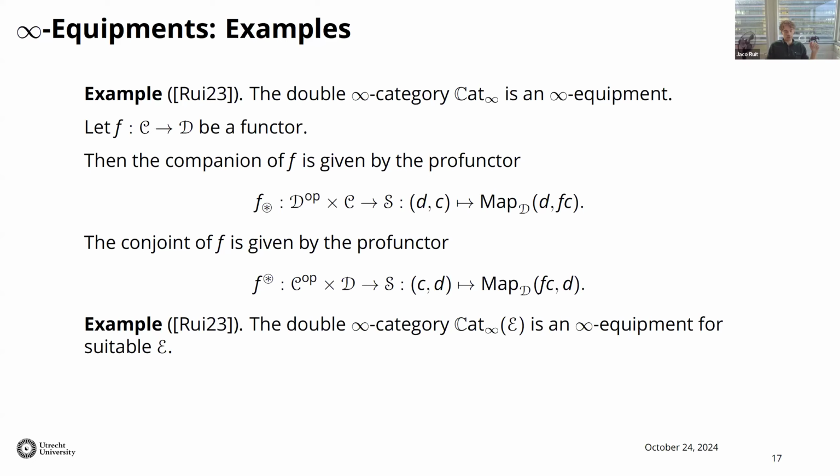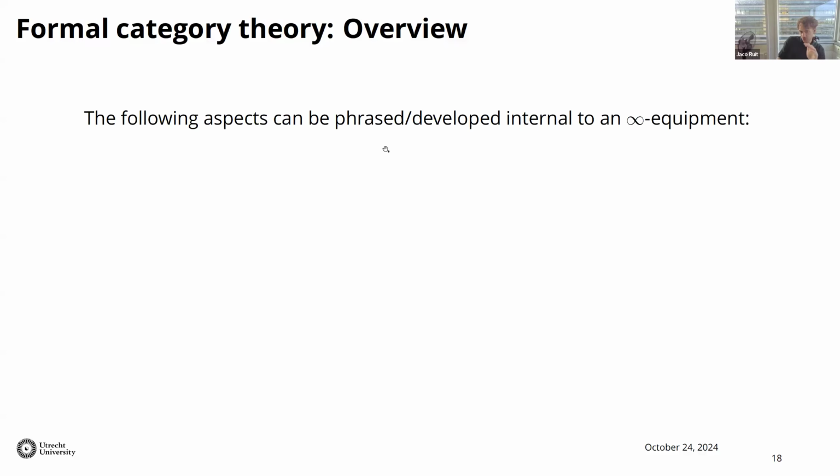All right. So now that we have the definition of infinity equipments in place, we can move to formal category theory inside an infinity equipment. Let me give a quick overview of what you can do inside an infinity equipment. You can phrase the following concepts of category theory.